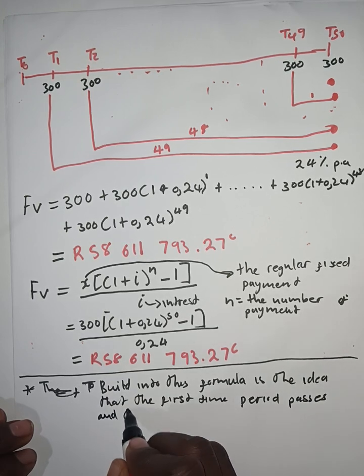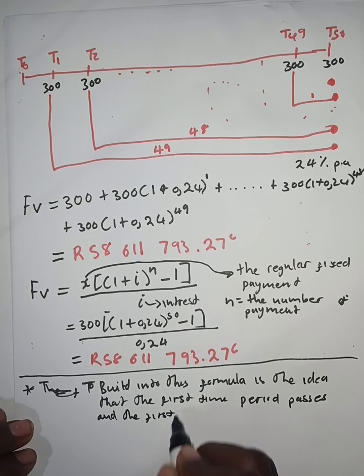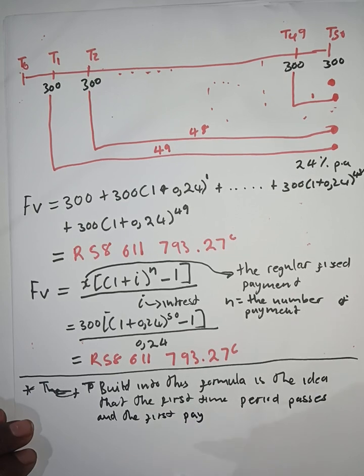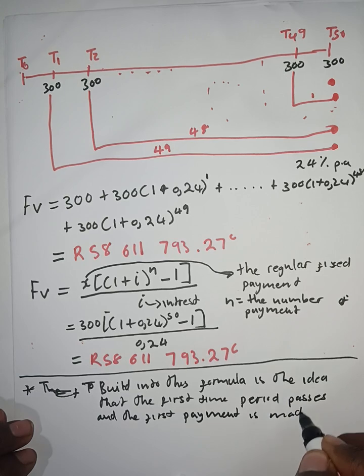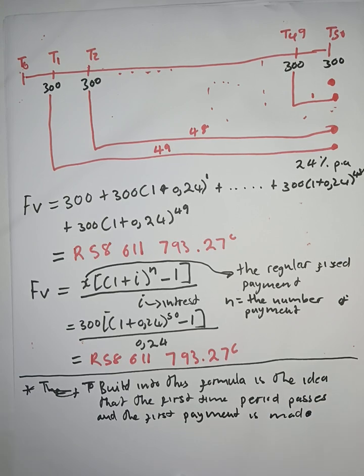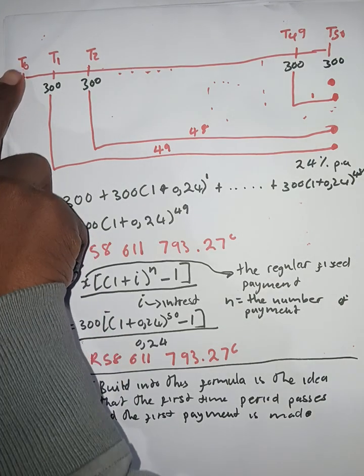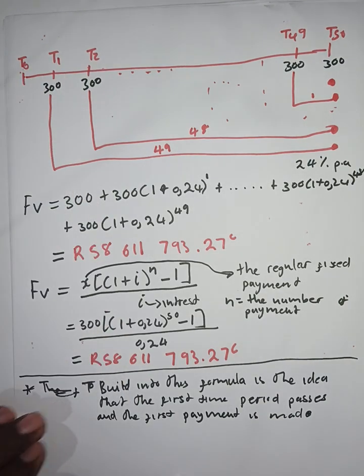So in this case, of course, one time period must pass before the first payment is made. So it is made at the end of the first period. In this case, it was at the end, of course, of the first year.